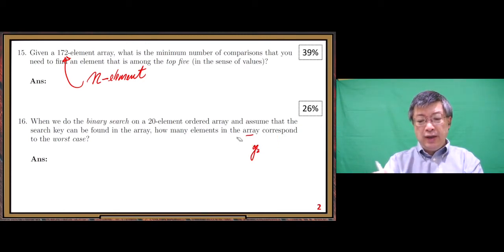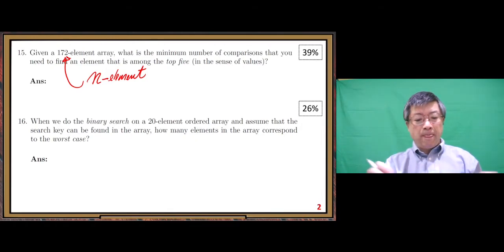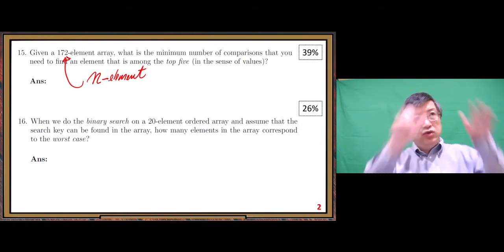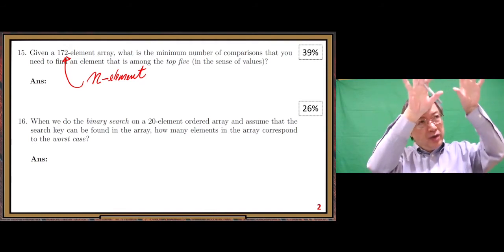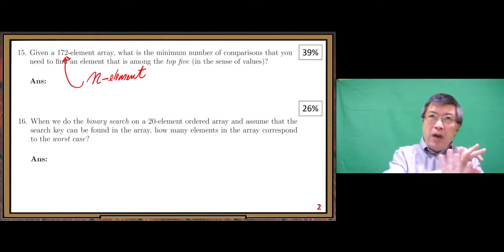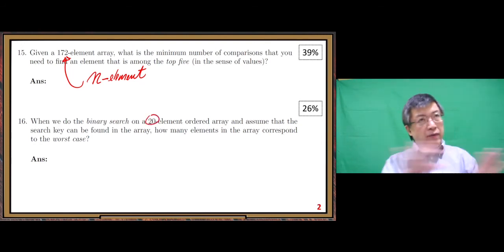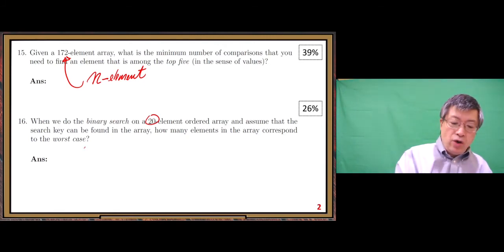For the binary search tree, when you draw the binary tree, first you need to draw that binary tree. But the bottom level is not full, right? With 20 elements, the bottom level is not full. Let me quickly draw.